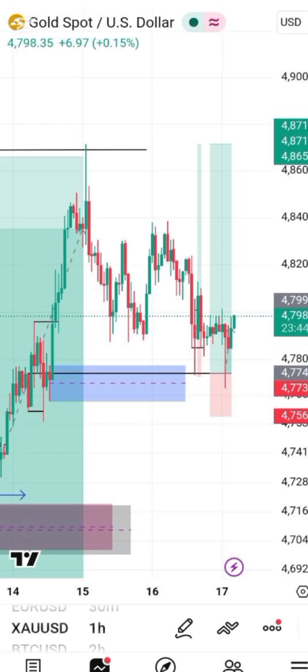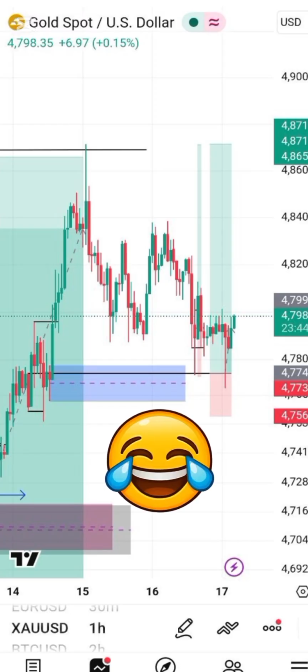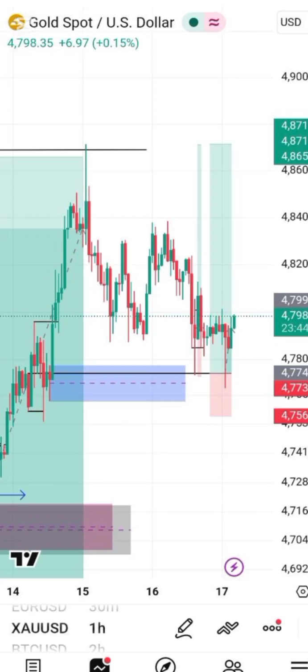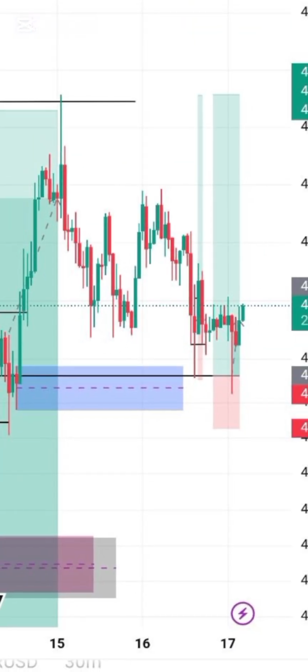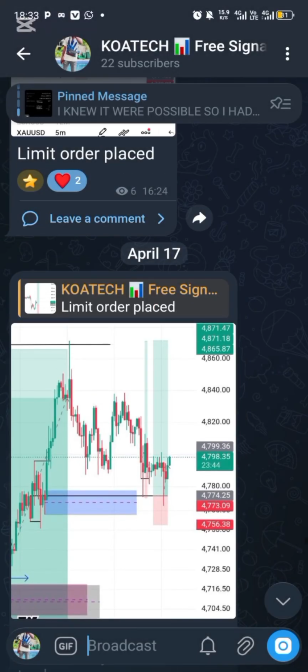So I think the lesson learned from this very one is waiting for price to actually fully mitigate the OB. Guys, there's nothing like a lesson learned here. Price just did its thing, because this was already a mitigation here, and I got a confirmation before I joined the buys.